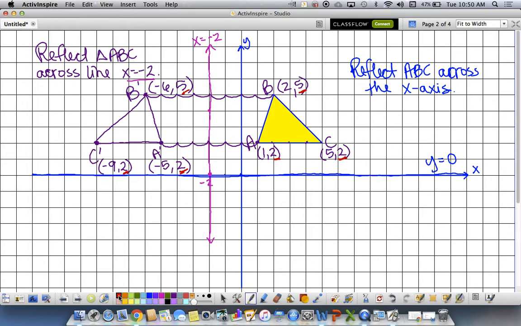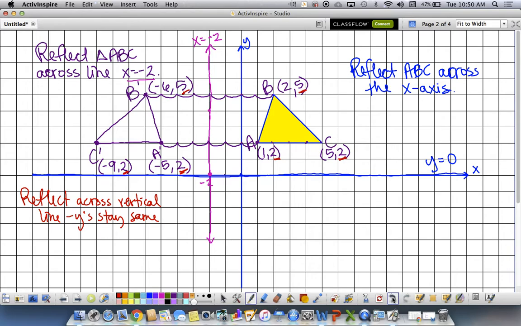Do I need to write that down? Reflect across a vertical line, the y's stay the same.